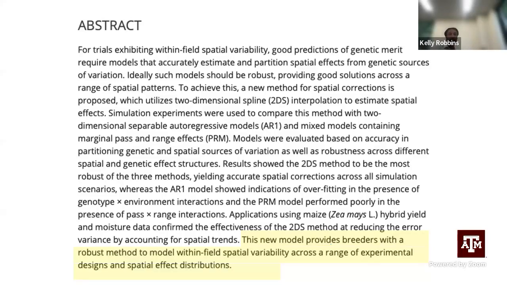The abstract should be the last thing you write. And usually even the introduction is something that I write towards the end as well, because I want the results and discussion to essentially drive the introduction. Methods you can write anytime, I guess. And then, yeah, definitely the abstract last.